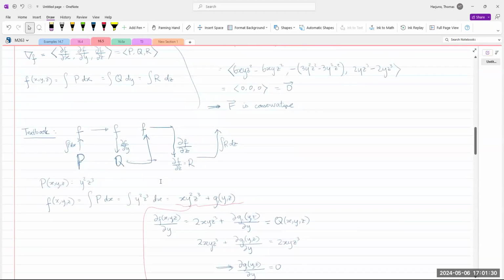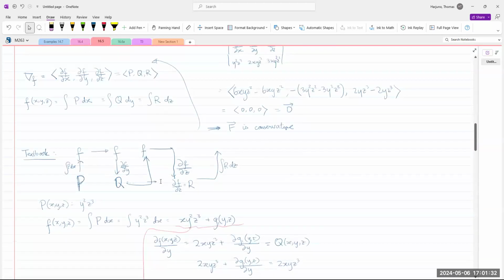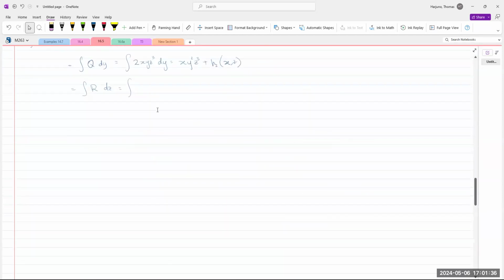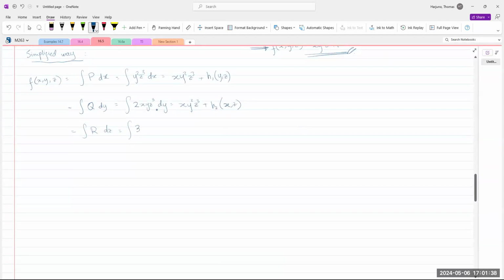And then integral of r with respect to z. What is our r again? Our r is 3xy squared c squared. 3xy squared c squared dz, that gives us xy squared c cubed plus a function of xy. Now from here we notice that these three expressions are exactly the same one, right?